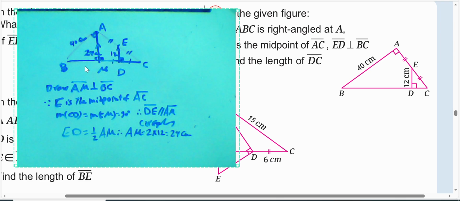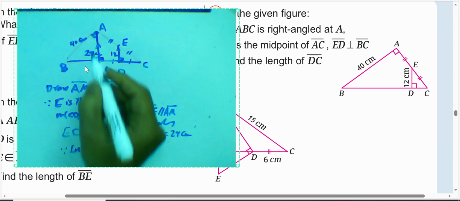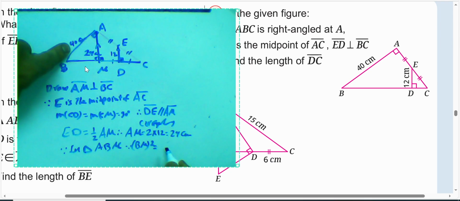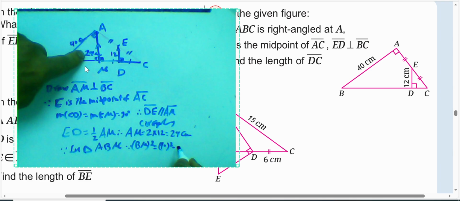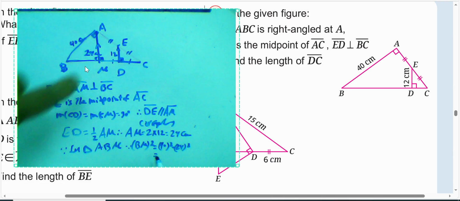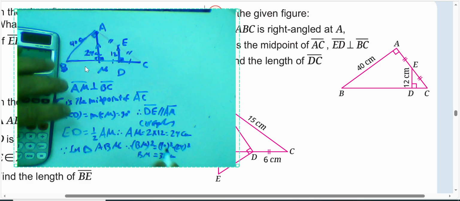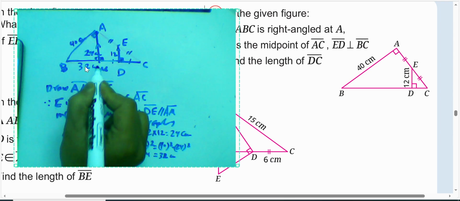From the Pythagoras theorem, we have in triangle ABM, BM power 2 equals 40 power 2 subtract 24 power 2. Then the square root of the result is 32. Then BM will equal 32 centimeters. This line segment is 32 centimeter.